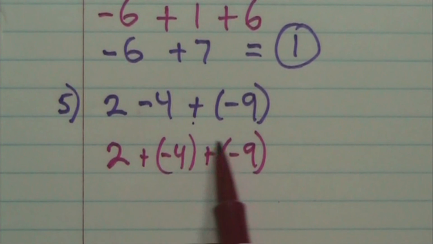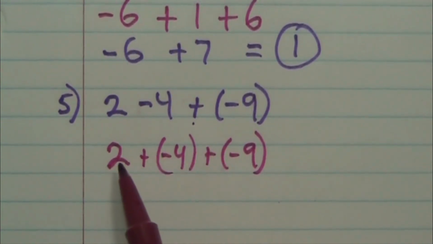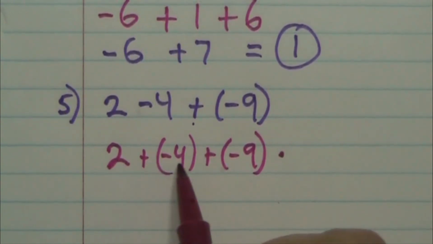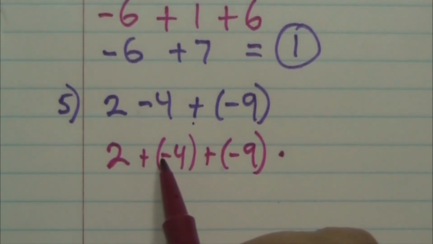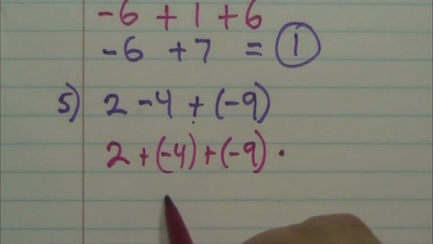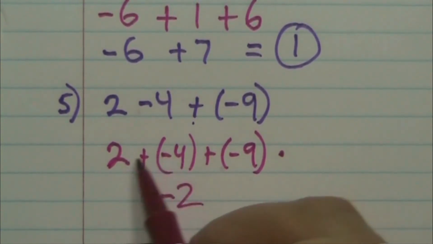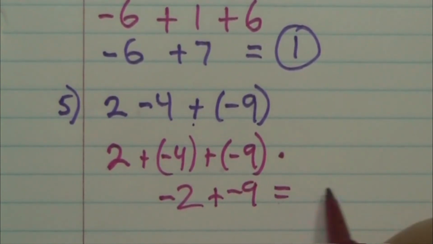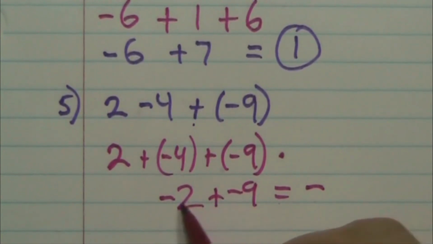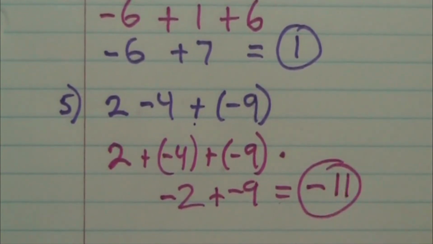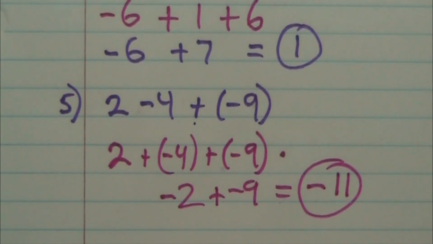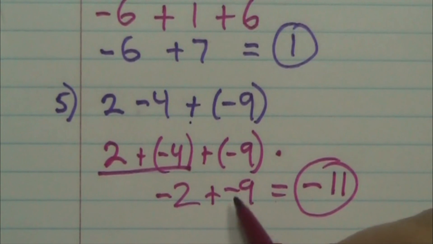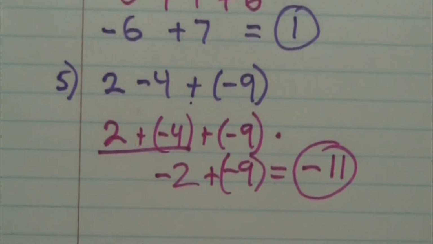So if you see all the negatives you have, there's more negative than there is positive. The answer is going to be negative. So let's see. 2 and these two together, 4 take away 2, is going to be negative 2, right? Isn't that negative 2? And negative 2 and negative 9 makes negative 9 and 2 makes a negative 11. And there's your answer. So these two make negative 2. And that's negative 9.